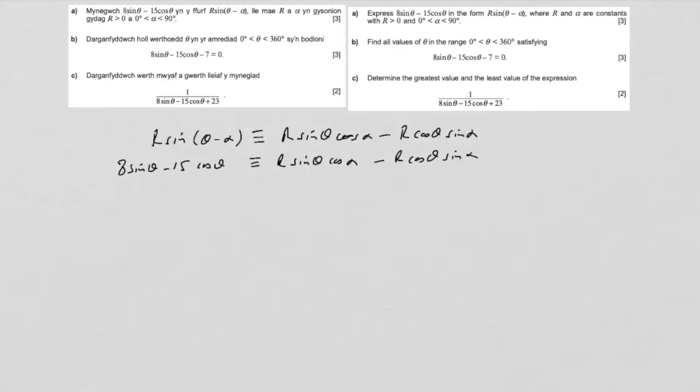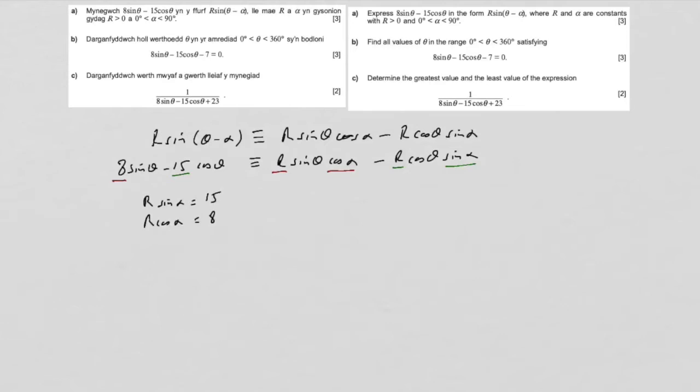And now, because it's an equivalence, so it's true for all theta, the coefficient of sine theta on the left must equal the coefficient of sine theta on the right, and similarly for cos theta. So that allows us to say that r cos alpha is equal to 8 and r sine alpha is equal to 15.